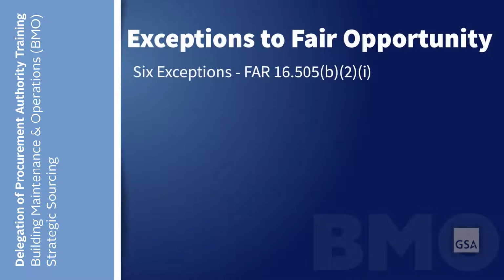FAR 16.505(b)(2)(i) provides 6 exceptions to fair opportunity. A. The agency's need for supplies or services is so urgent that providing a fair opportunity would result in unacceptable delays.